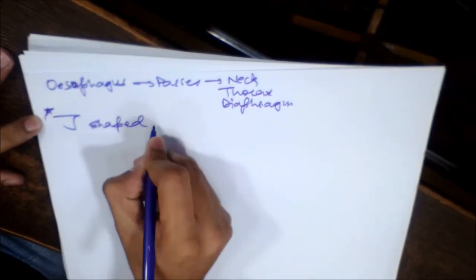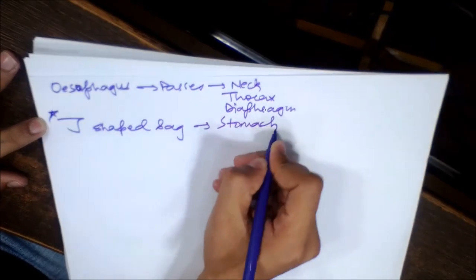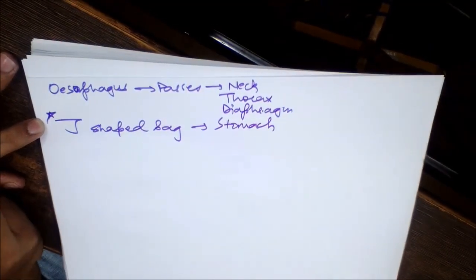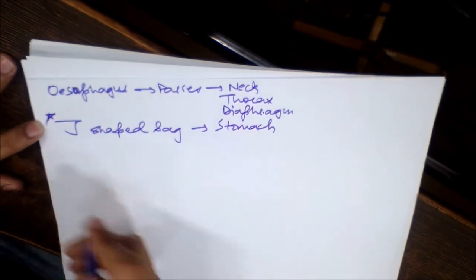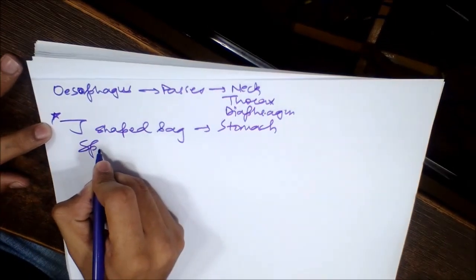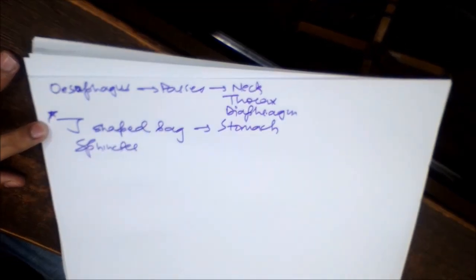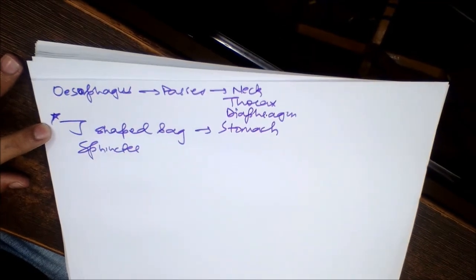The J-shaped bag, which is used for the storage of food, is known as the stomach. A muscular sphincter regulates the opening of the oesophagus into the stomach.